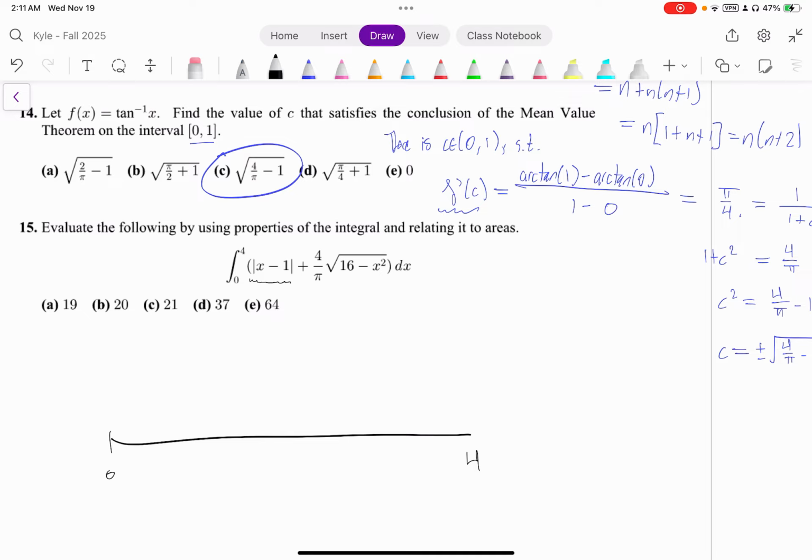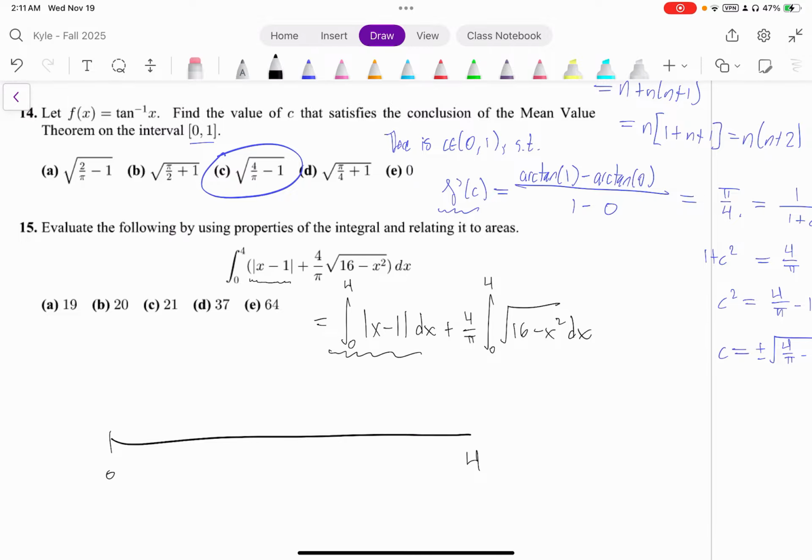So let's break these up into two integrals. So this is the integral from 0 to 4 of the absolute value of x minus 1 dx, plus 4 over pi times the integral from 0 to 4 of the root of 16 minus x squared dx.